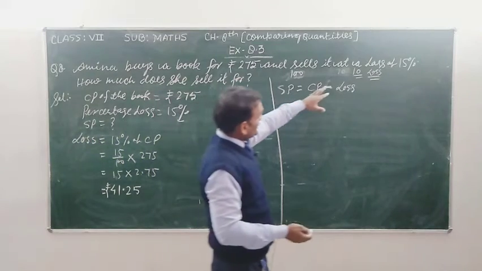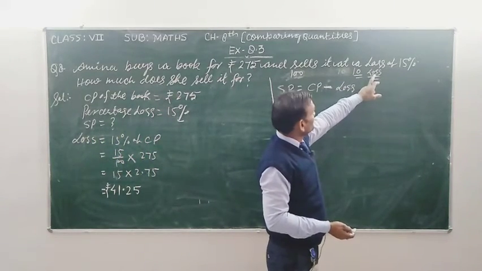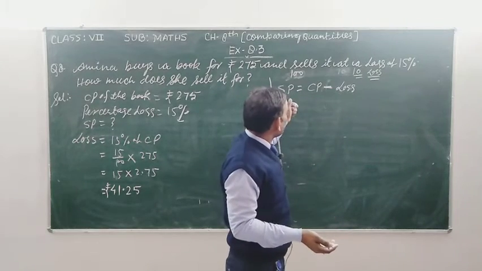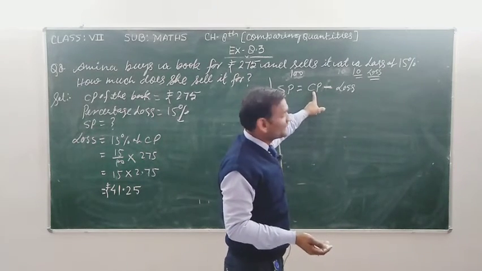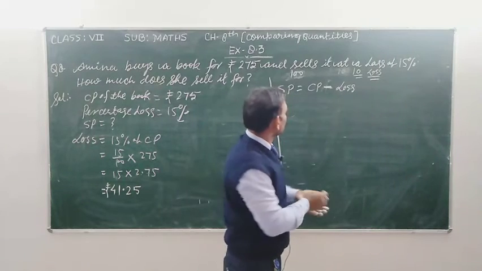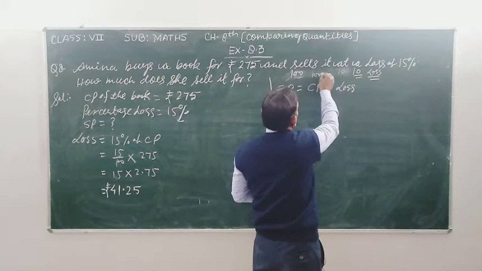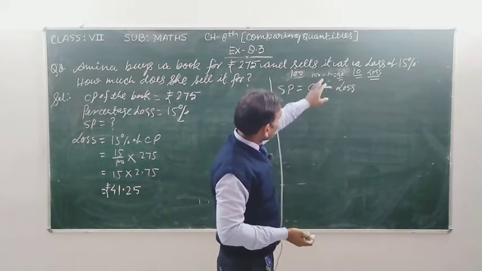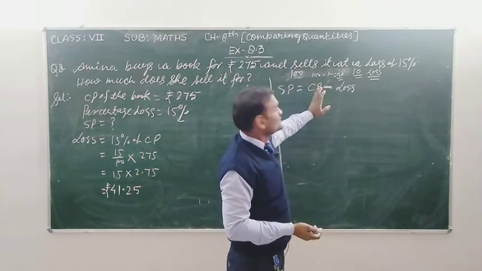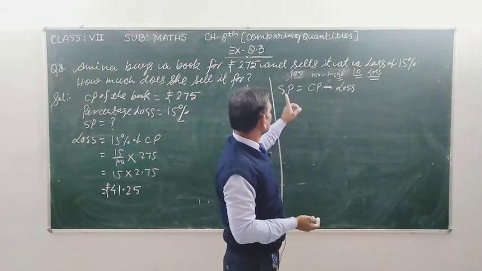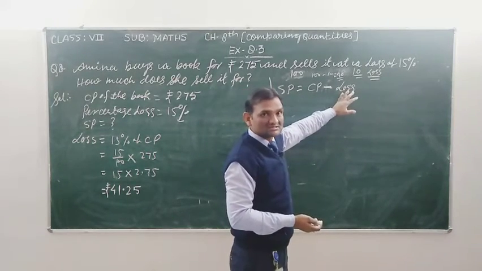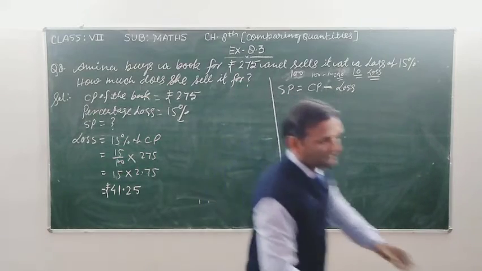So loss is 10 rupees. So what is the SP of the book? CP minus loss means 100 minus 10 is equal to 90. It means 90 rupees में उसने इसको सेल किया. So we use this formula, student. SP is equal to CP minus loss, not CP plus loss. That is wrong.